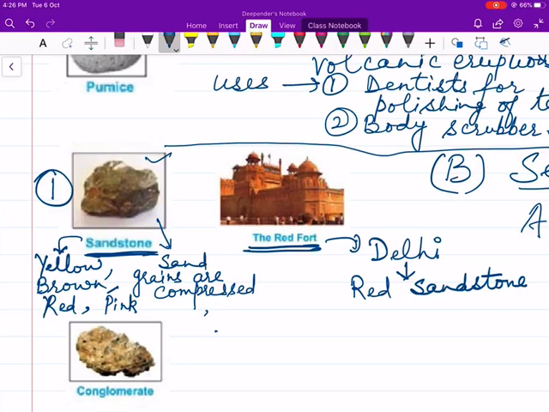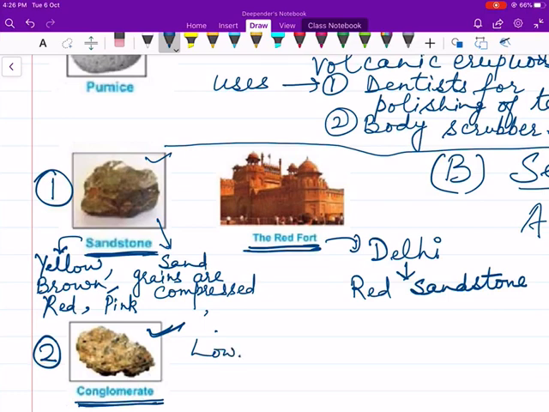If we come to the second one, you are able to see the picture, this conglomerate. This is the second type, conglomerate. How is it formed? The formation takes place when the lowest layers, सबसे नीचे वाली जो layers होती हैं sediments की, उनमें क्या present होता है?